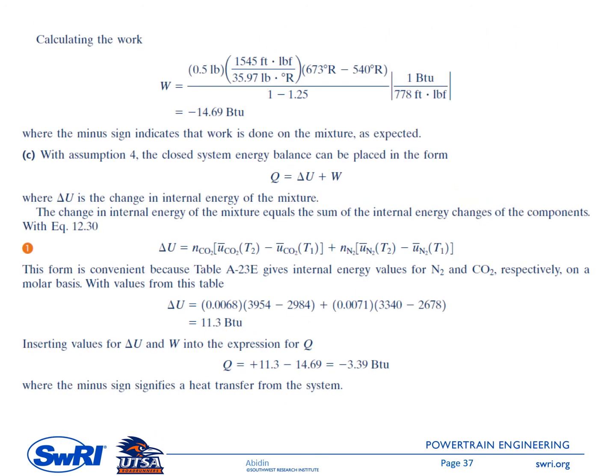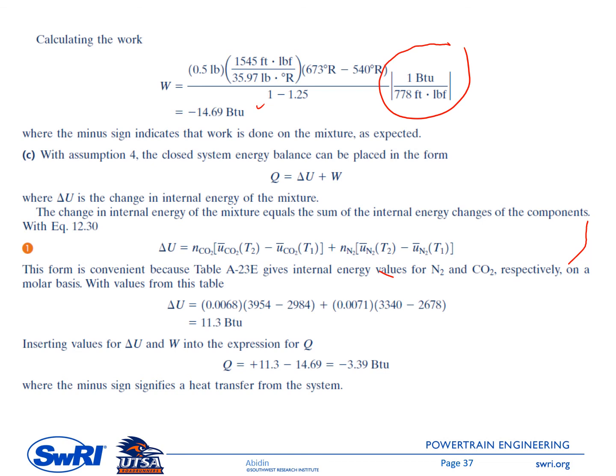Now we can calculate the compression work. We have all the numbers there: T1, T2, the apparent molecular weight and so on. Make sure we apply the unit conversion from foot-pound force to BTU. You will get the compression work of 14.69 BTU. This is negative because the work is done on the system.